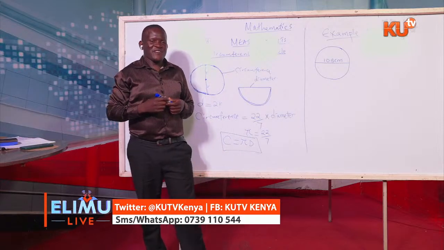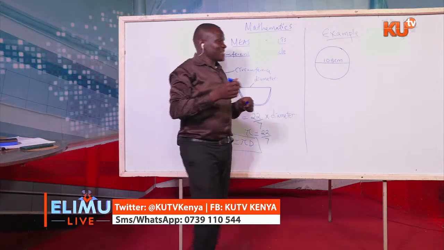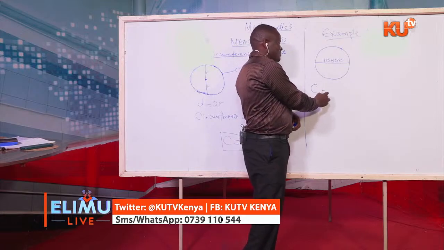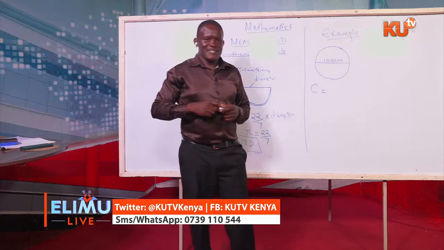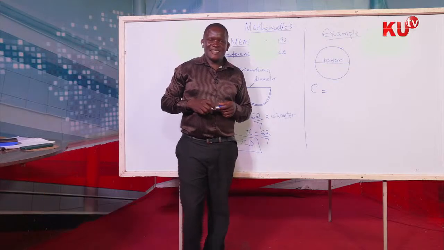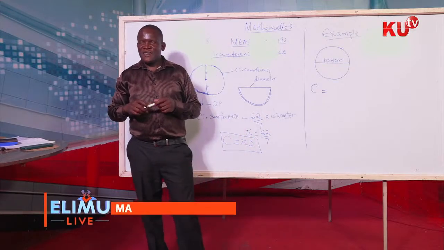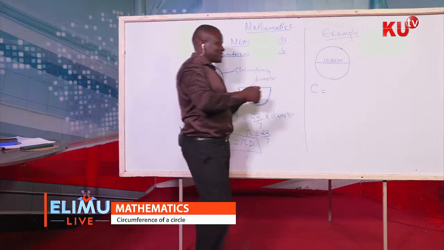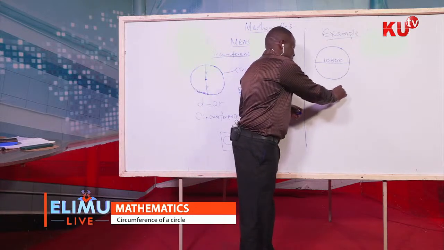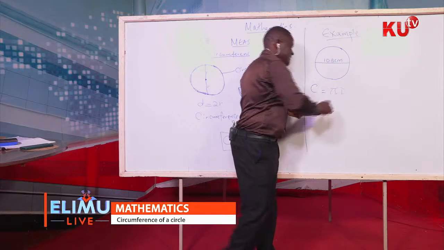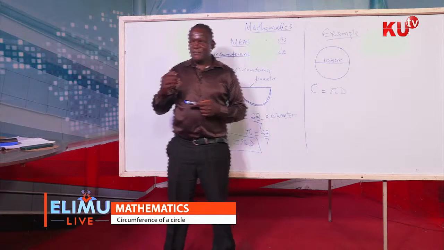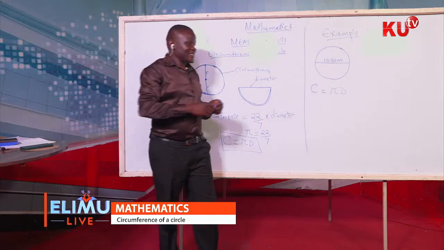So very fast, we shall go straight to our formula for finding the circumference. The formula for finding the circumference of a circle is equal to pi d.